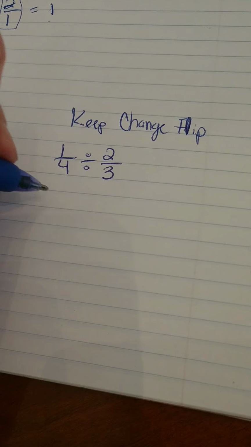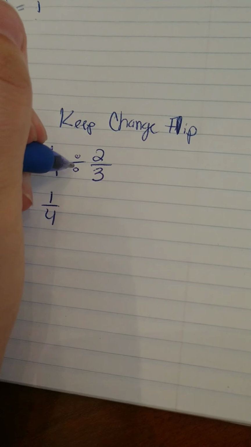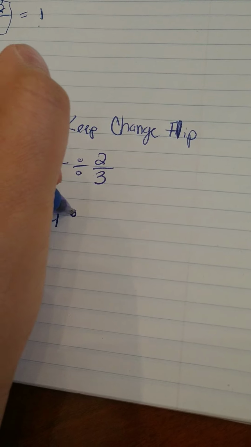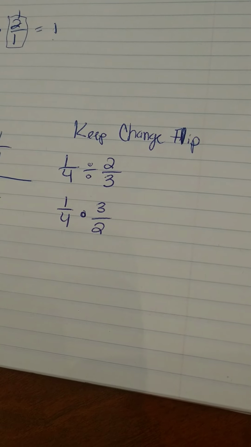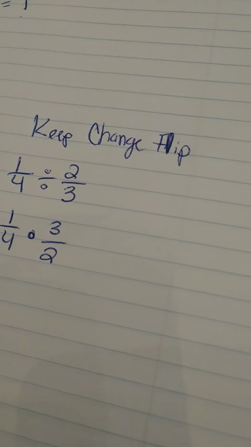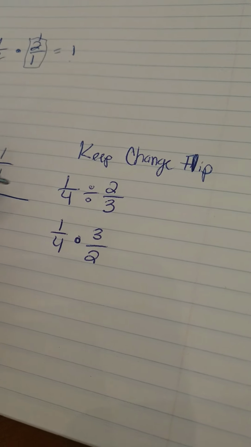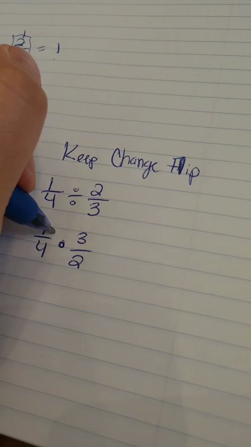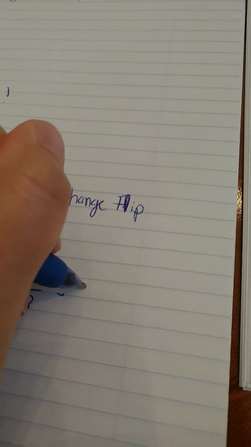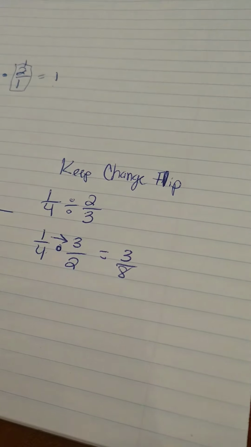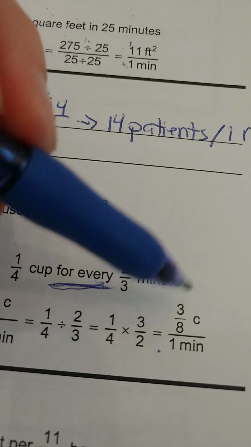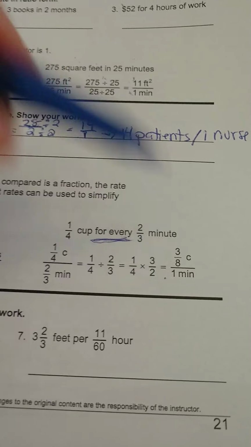So we are going to keep 1/4, change our division to multiplication, and take the reciprocal of 2/3, which is 3/2. From here, we can multiply straight across. So 1 times 3 is 3, and 4 times 2 is 8. So we get 3/8. Here we have 3/8 cups for just 1 minute.